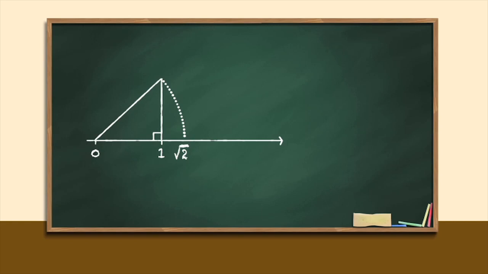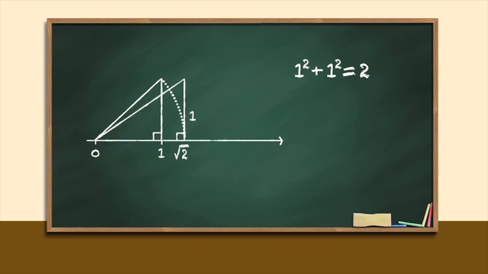We can also use this method to exactly mark the position of other square roots. We just found the position of the square root of 2 on the number line by using the method above. We may do the same: draw a right-angled triangle with the lengths of 2 sides being square root of 2 and 1.